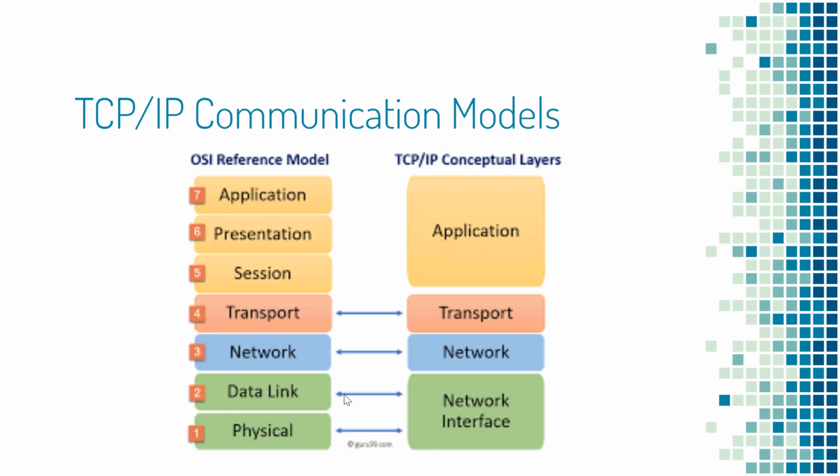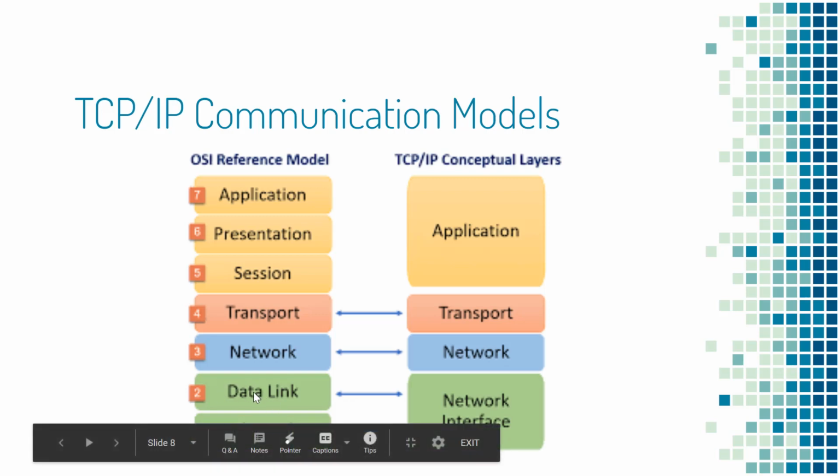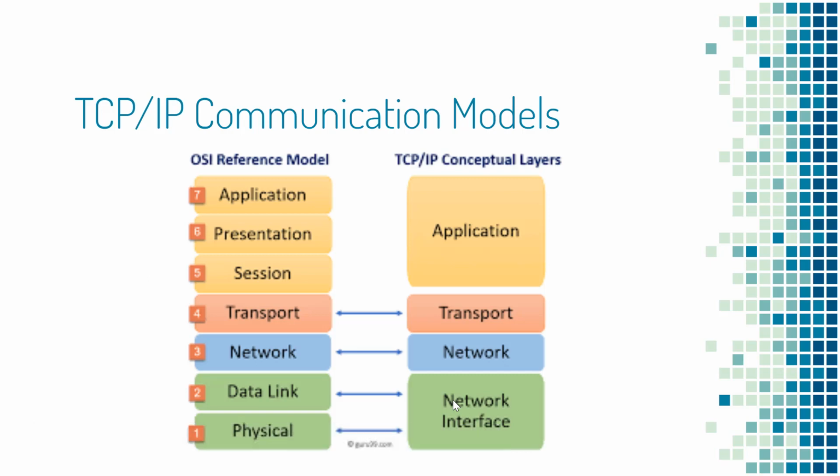So any operation that was done on data link, or any operation that was done on the physical, now both of these operations will be part of the network interface. That's why we said that when you have modularity, you can decompose or compose some of the functionalities together to have a more flexible communication model.